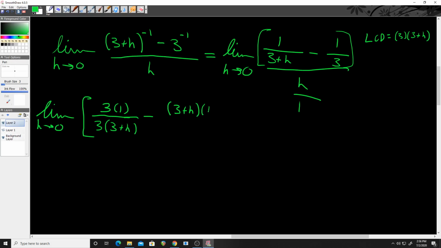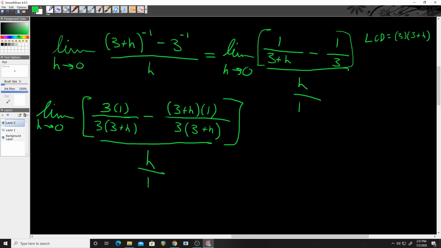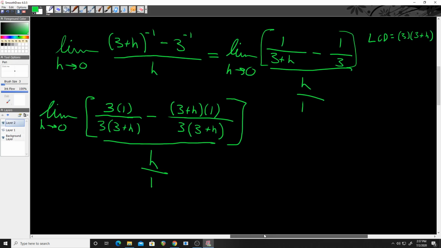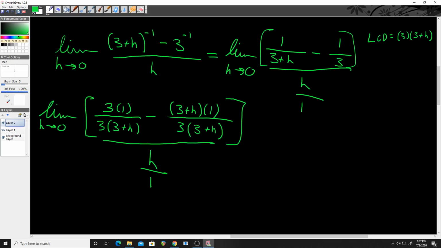So I'm going to have 3 plus h times 1 over, the 3 is already there, and then I have to multiply by the 3 plus h. Okay, there's that. And then we also are still dividing by h, and we can still write h like that, h over 1. Okay, now our denominators are identical, so we can combine the numerators.